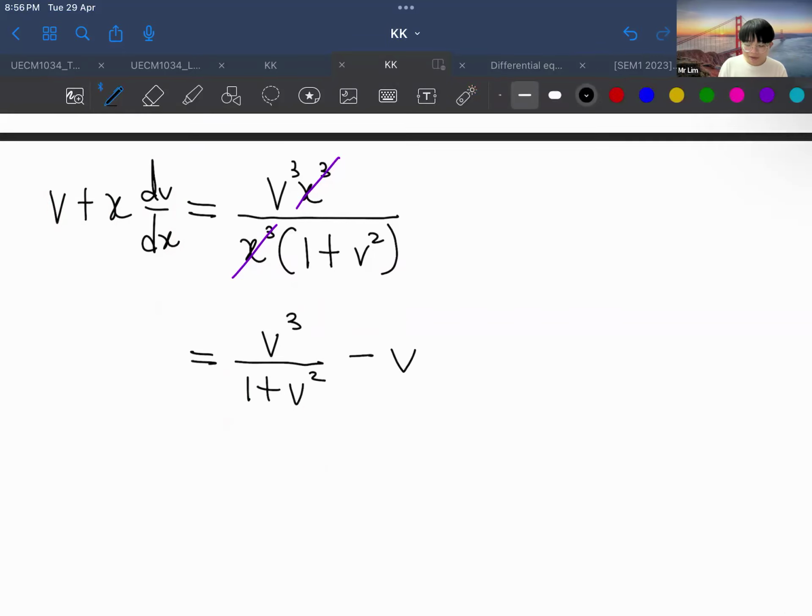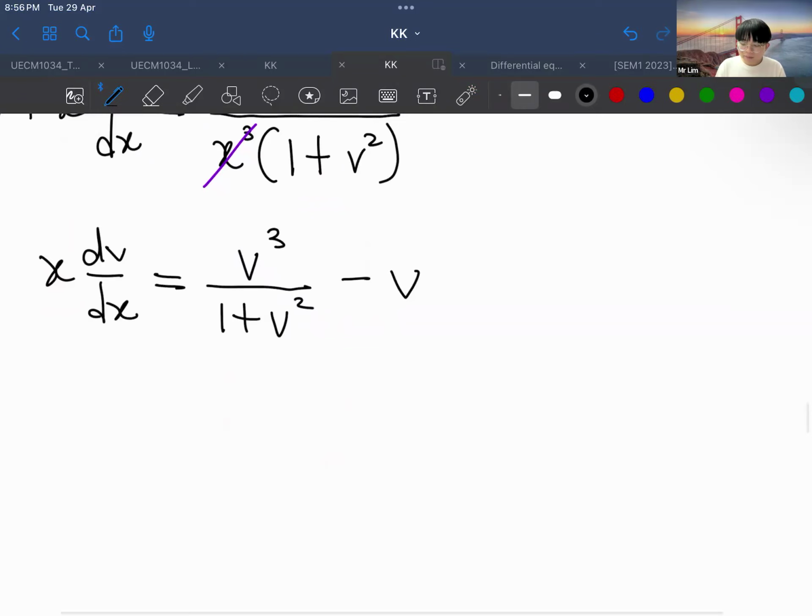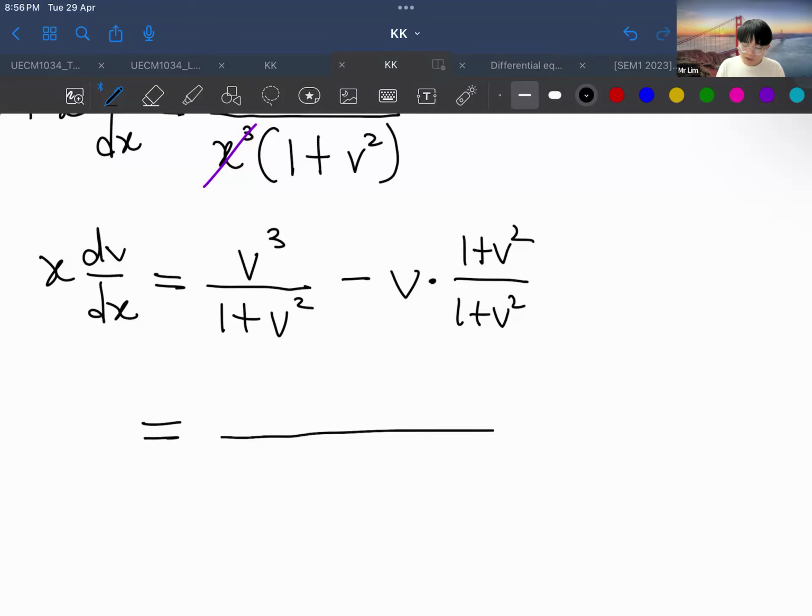Okay. So I minus v from here. And let's see what is the simplify of these two. How to simplify it? Basically, you multiply by 1 plus v square over 1 plus v square, a fraction of 1. Okay. So what you get is common denominator 1 plus v square.